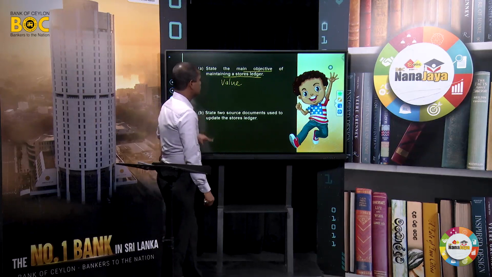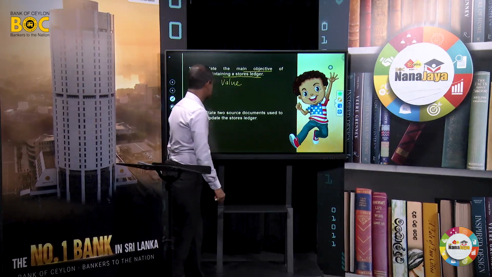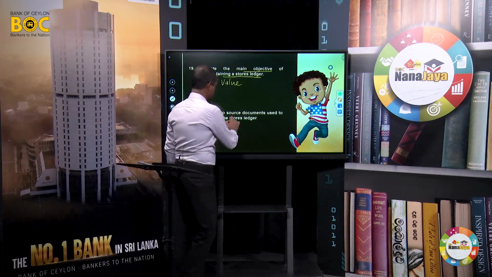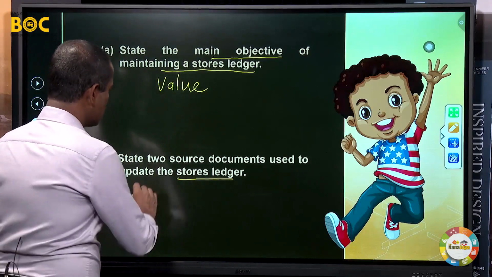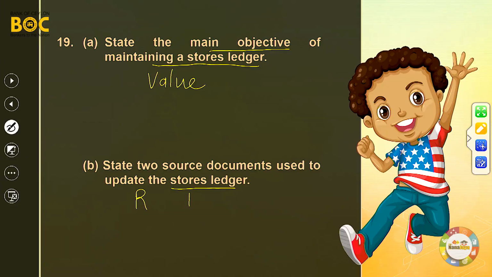State 2 source documents used to update the stores ledger. What do you have in the stores ledger? Receipts, issues, balance, values. When you receive stock, the document you use is the goods received note. To record the receipt of materials, you use the goods received note.